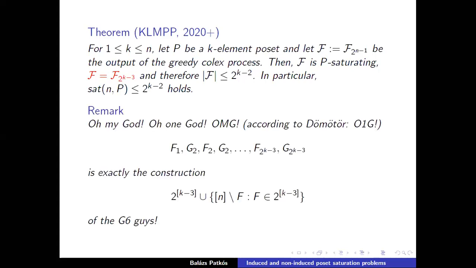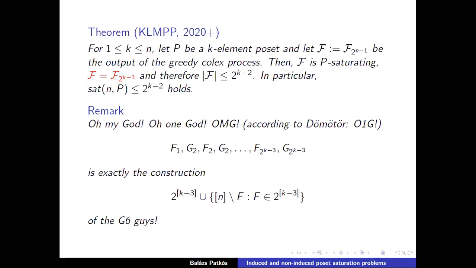Think about it. What are the first 2^(k-3) pairs? Well, it's just the construction that I showed you to be chain saturating, for a chain of length k. This is exactly the construction that we had in the 2013 paper with Dani Gerbner and others.